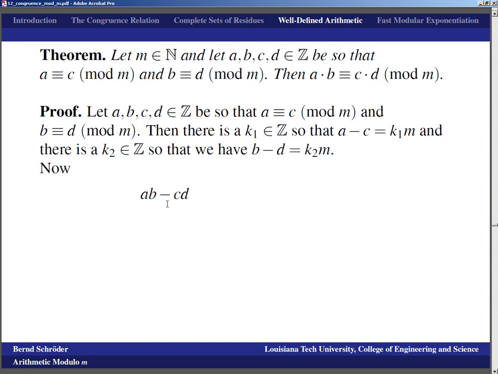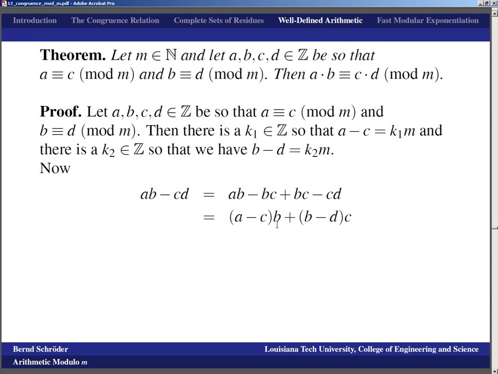Well, we can't factor anything out here, but if we throw in a mixed factor, we have some hope, because if we now just subtract and add b times c. So, right, this old thing, there's only one, well, there's two tricks in math, adding 0 and multiplying by 1. We've added 0, and now we can factor a b out of the first two and a c out of the second two.